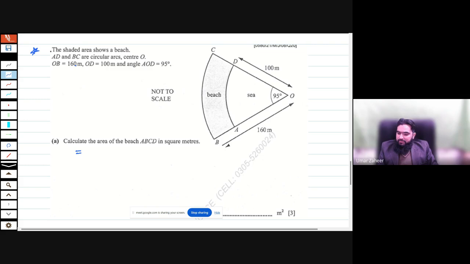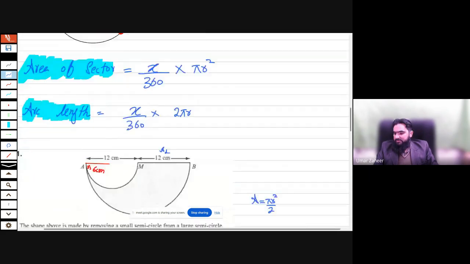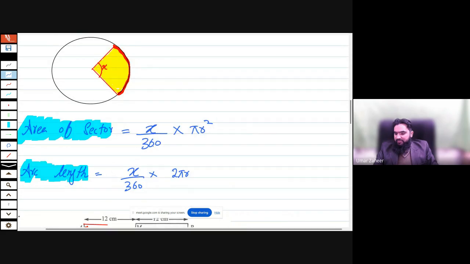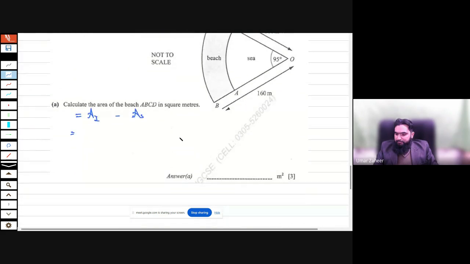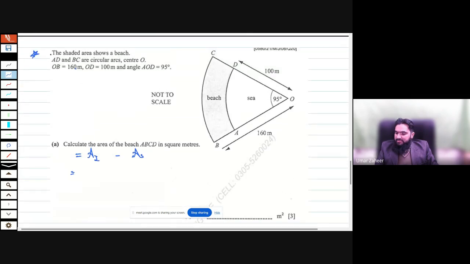Yes, so we have area of larger sector minus area of smaller sector. The formula for a sector is angle divided by 360 multiplied by pi r square. So for the large sector, it is 95 divided by 360 multiplied by pi r square.